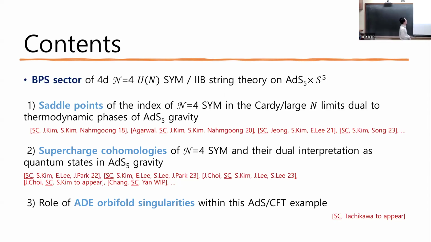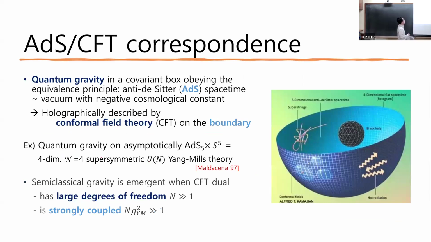Thank you. Okay, so as I said, we want to study quantum gravity on AdS from the boundary gauge theory, meaning that we want to utilize the AdS/CFT correspondence, which states that quantum gravity in anti-de Sitter spacetime is holographically described by a conformal field theory on the boundary.